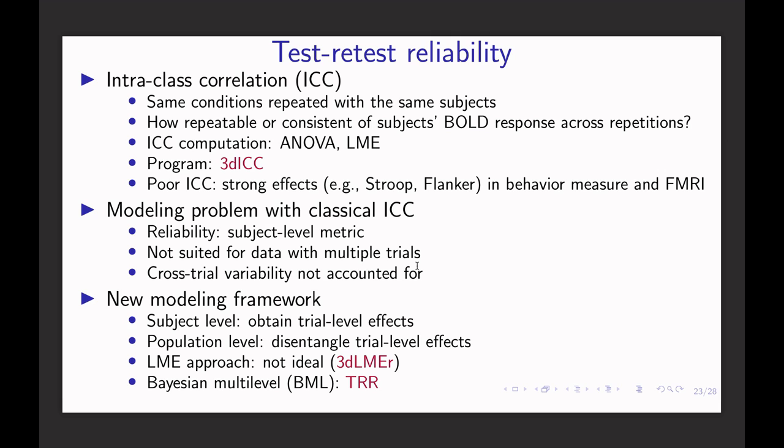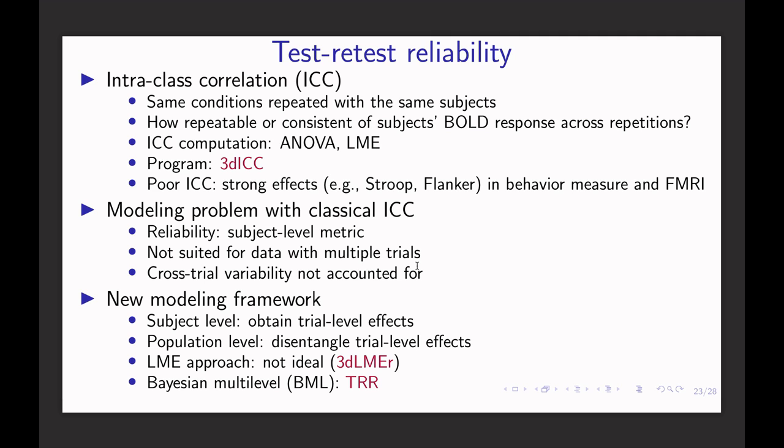So if it's consistent, reliable, we would expect in the second round, subject B would also respond lower. So that's some kind of synchronization. The degree of synchronization is what people call intra-class correlation. So that metric basically gives us some sense about the reliability.